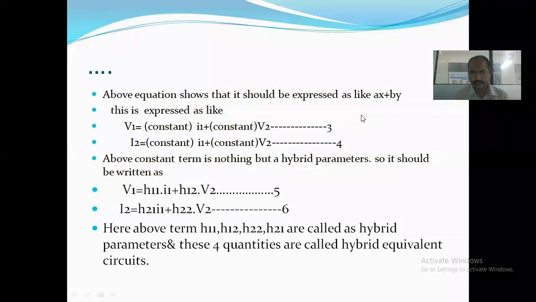Sir, the mic is off, we can't hear. Okay. Roll number 6. Yes, sir. 7, 8, 9, 10, 11, 12.